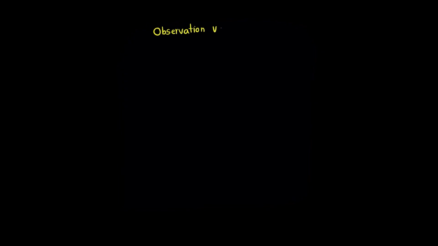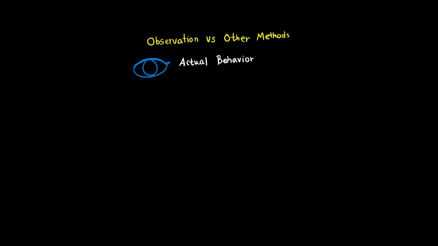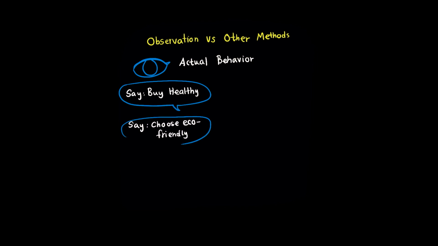Observation as a research method has a unique advantage. It captures what people actually do, not what they say they do, and there's often a big difference. In surveys, people report their stated preferences: "I always buy healthy food." In interviews about future choices, they speculate. When recalling past decisions, memory gets fuzzy. But observation records reality.